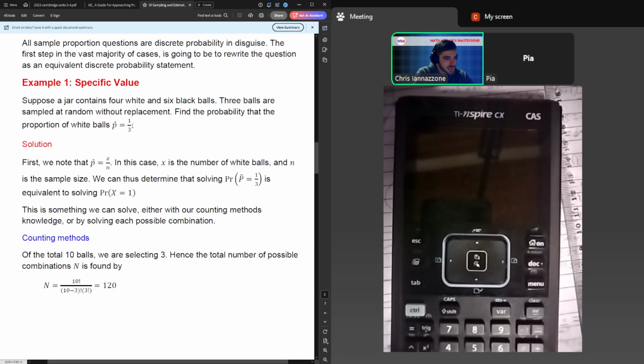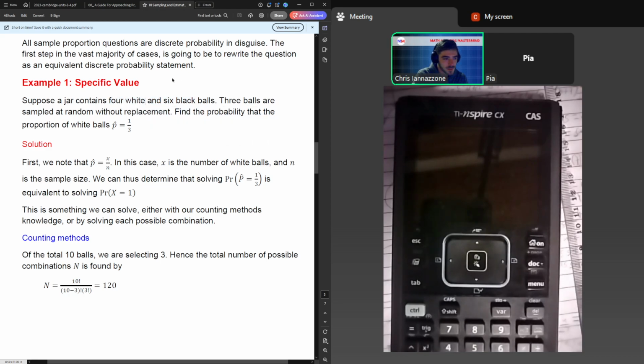So p hat basically means we're thinking about things in terms of proportions rather than in terms of raw values. For instance, if I have 4 white and 6 black balls, that's the number of each of those, right? I have x equals 4 for 4 white balls. Alternatively, I have a proportion of 4 out of 10, because it totals to 10.